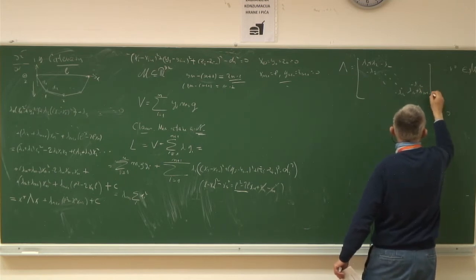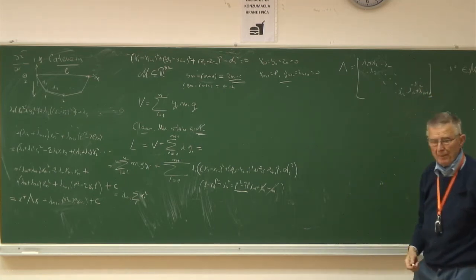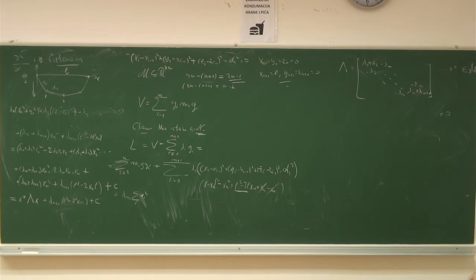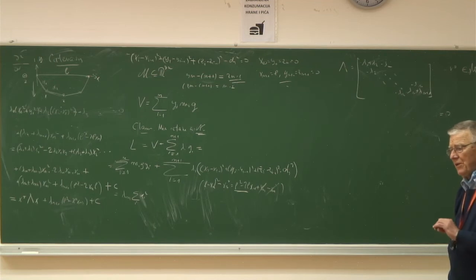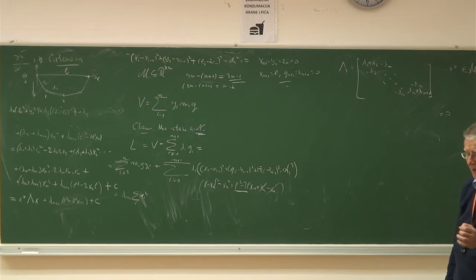It's a tridiagonal matrix. This matrix is a typical object arising in any kinds of interactions which are one-dimensional, and the parts of the object interact only with their nearest neighbors.